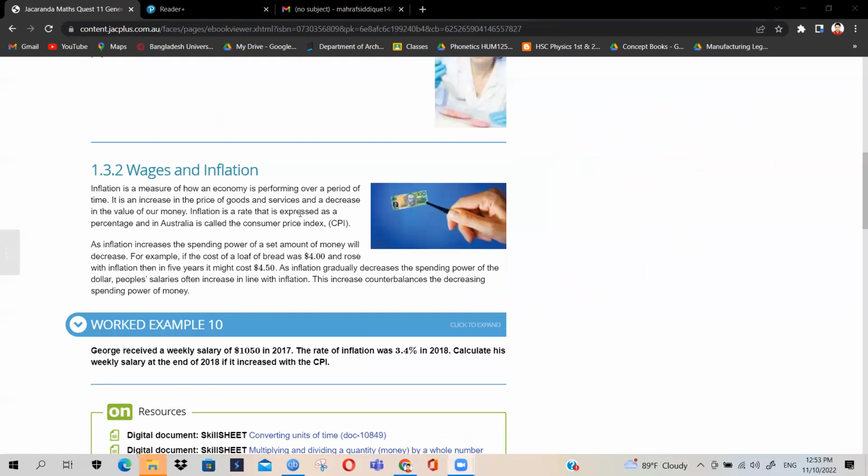Wages and inflation. I think this should be an interesting topic. Inflation means that, say for instance, you are buying something at $20 in 2022, but its price rose to $21 in 2023.